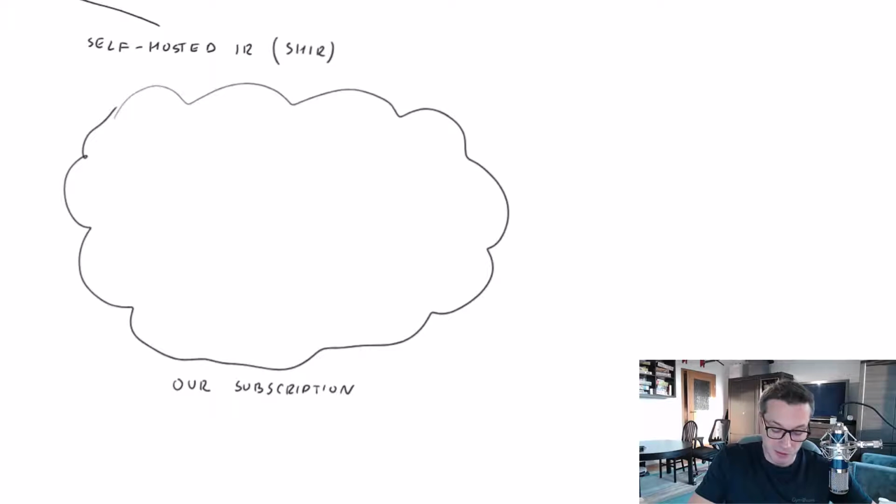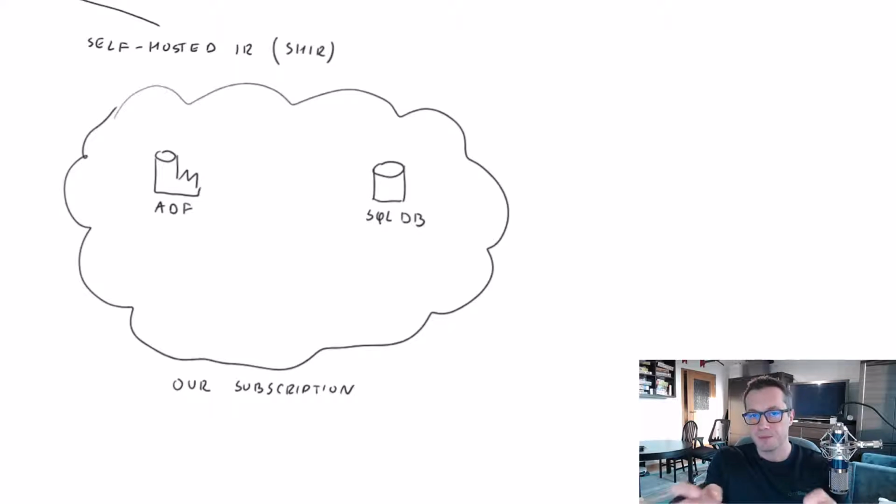So let's say we would have Azure Data Factory. Nothing changes here. Let's say we have our SQL database to which we want to connect in a secure way. But what changes is that this time we've got self-hosted runtime, no longer the Azure one. So it is on us to create this runtime, to provision it, to make sure that it is highly available, that it is updated.